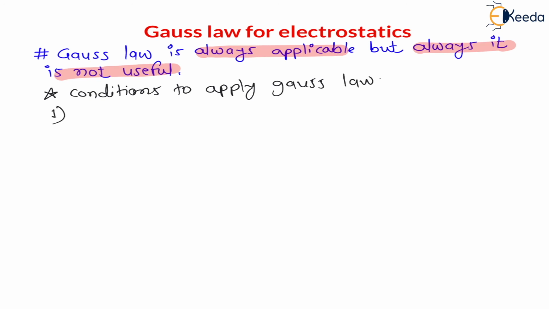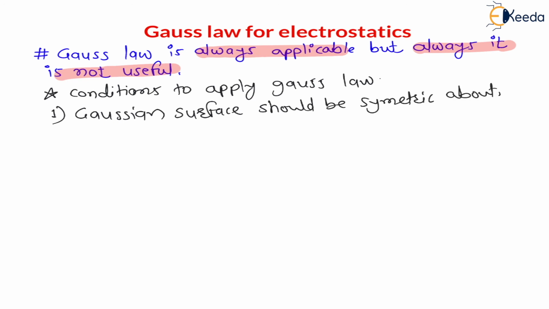Number one, the very first condition, is the Gaussian surface. Gaussian surface means it is a closed surface. Already we have seen, right? The Gaussian surface, which is also a closed surface, should be symmetric about the charge.